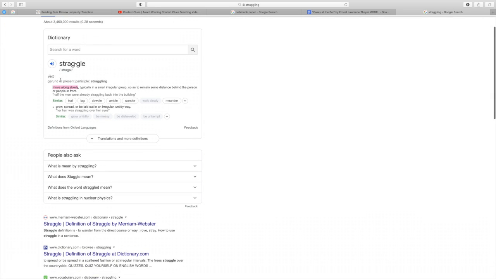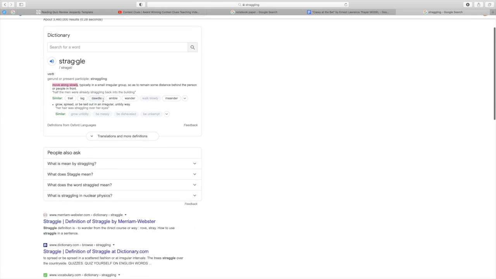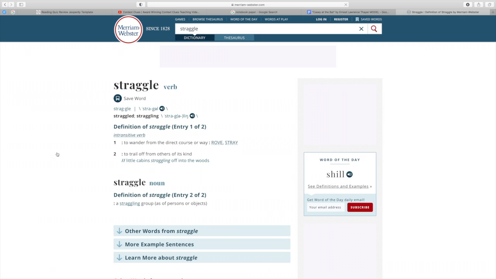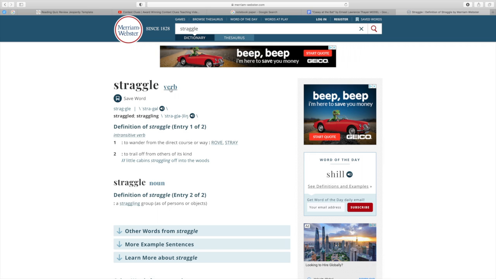If you feel like the Google definition is not good enough, always go to Merriam-Webster. So look for this little MW. If you click here, this is one of the best dictionary sites you can use. The dictionary will always tell you the part of speech. So straggle is a verb, it's an action word, and it'll give you more than one definition.